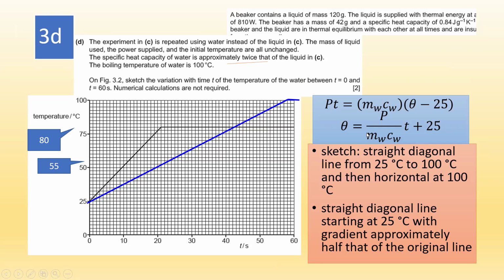It depends on the specific heat capacity, that is double. Mass is the same, so it's half, no? The gradient is about half, no? So you just take this roughly. Roughly half, no? Half of this length, no? Okay.